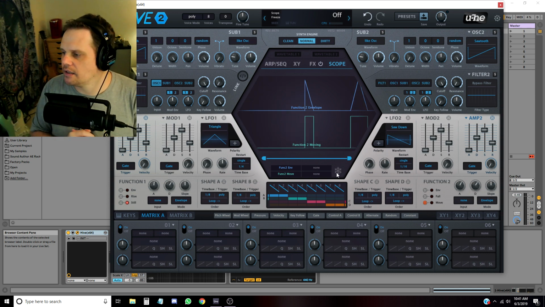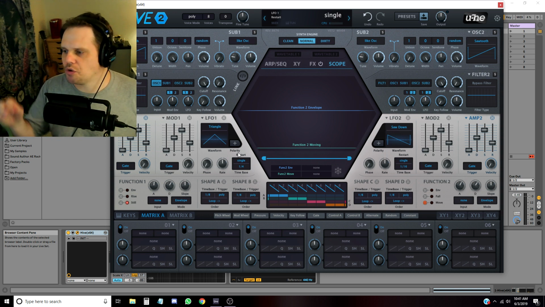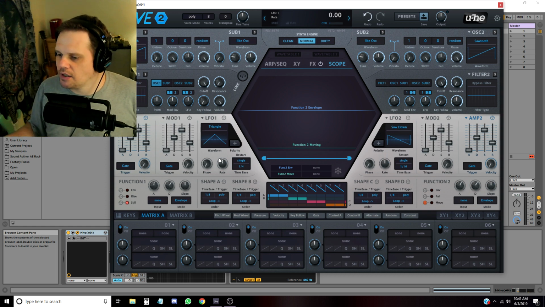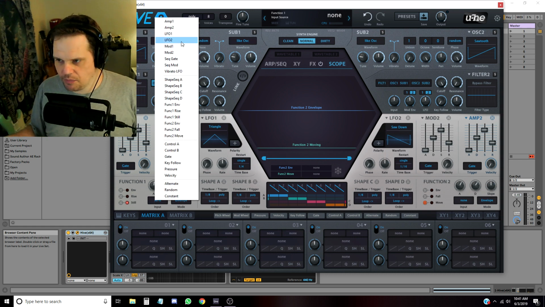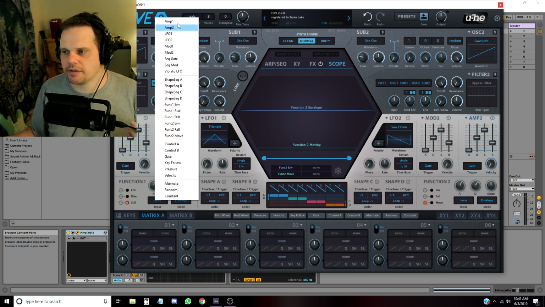Another cool thing, I'm not really done with the function generators, because I just showed you what those gate signals do, right? Well, you can trigger them with these inputs. So it's not just simple attack and decay envelopes. These things can be triggered with either your AMP envelope, your mod envelopes, your LFOs, and also your shape sequencers, which I'll get to.